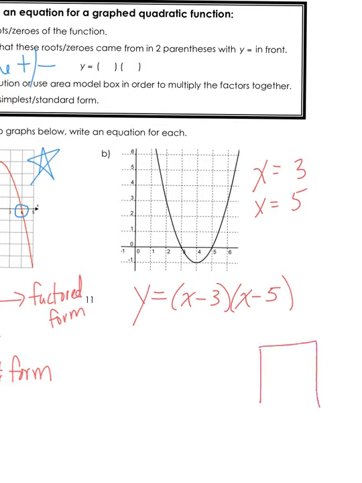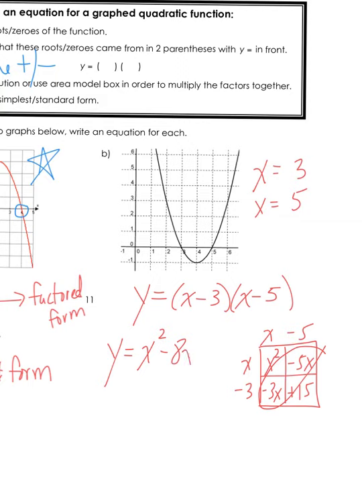I'm going to multiply these out. Combine like terms. This one is in factored form. This one is in standard form.